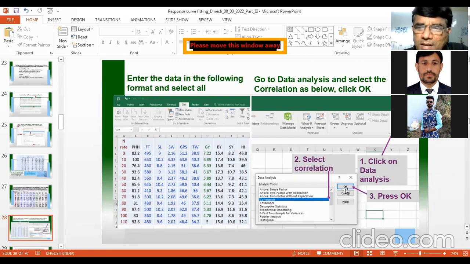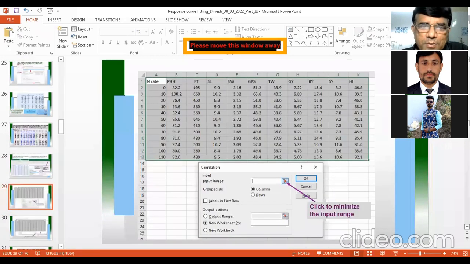When you press OK, what will you see? One more window will come. This is your data already selected. Here, input range means this selected data. So you minimize it, click here, and it will be minimized. Then again you select all the data, and then click here and maximize it.